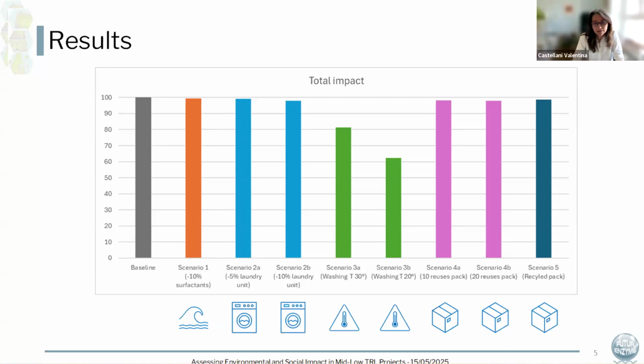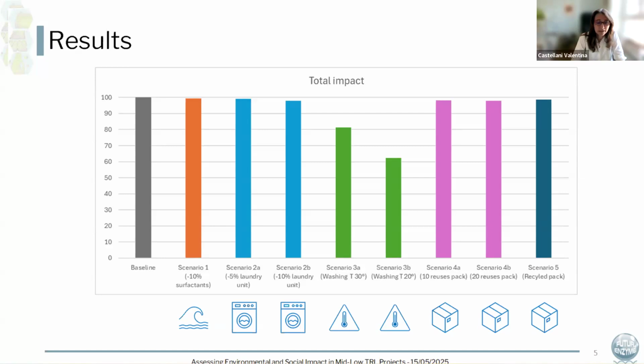So basically we assume the reuse for 10 times, which is based on previous studies, the average. And of course, in this case, we will have the first bottle and then the refill pouches that we can use in the next reused cycle.